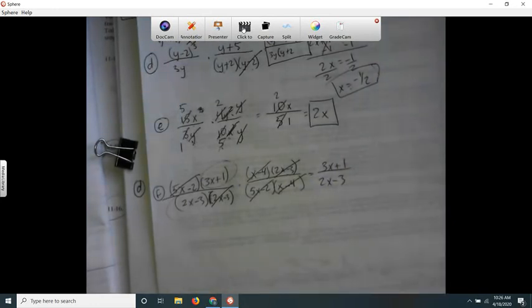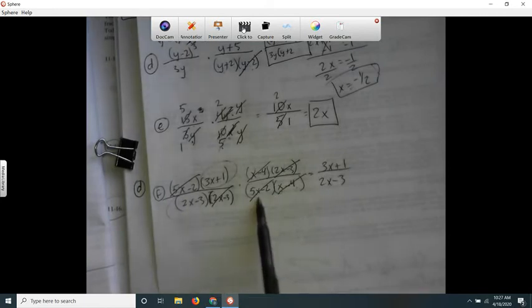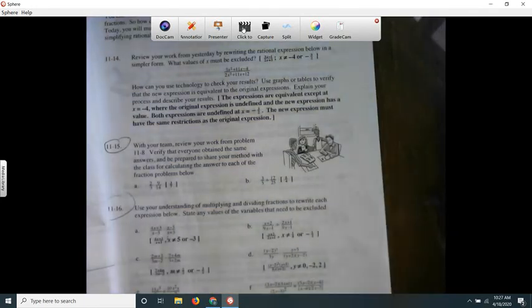Okay, and then I have to look at the restricted values. So this one would be, I think, 3/2 and 2/5 and 4 would be some restricted values that would make zeros in the denominators.